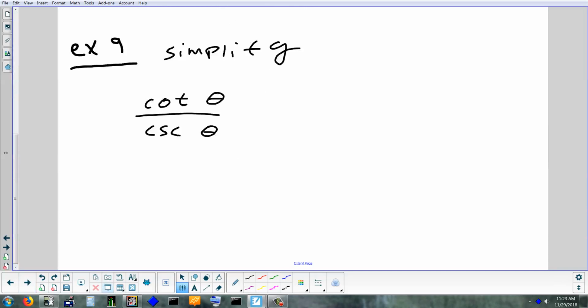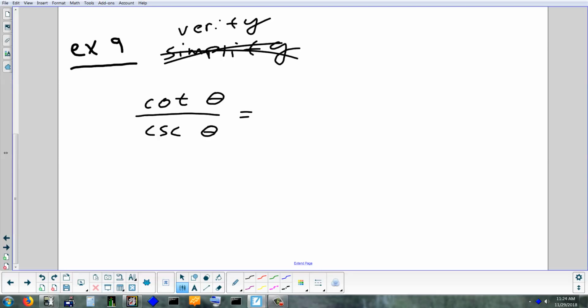So it's cotangent divided by cosecant. All right. So instead of simplify, I'm going to change the direction to verify. Simplify is pretty much open-ended. They give you a problem, and you just simplify it as much as you can until you think you're done. Verify is actually a little easier.